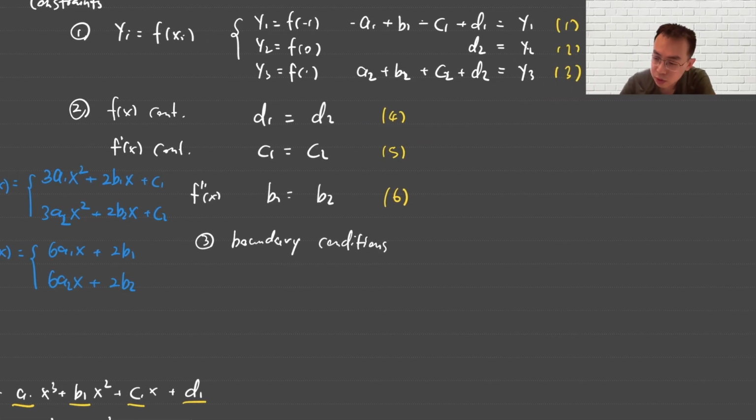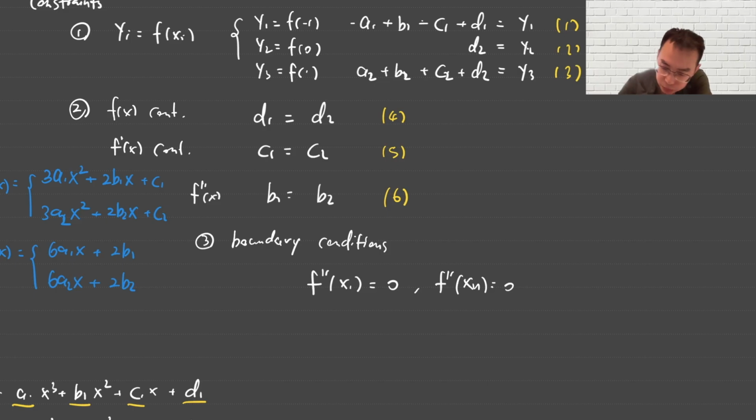The boundary conditions usually we define as f prime prime of x1 equals 0. We want the second derivative to vanish at the boundary. Also, f prime prime of xn equals 0. So we translate this, and we can get 2 more equations.